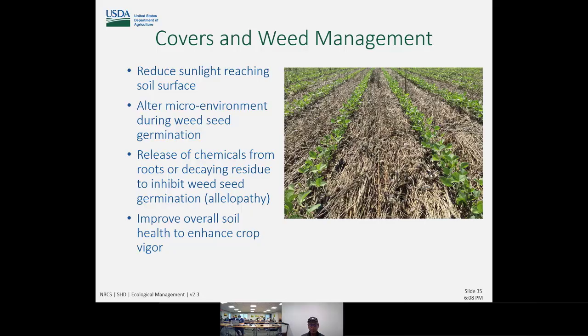About 50 to 70% of transplants died in all three species. So in this case, yield was also reduced. You need to think about both sides: putting in cover crops may affect the subsequent crop's growth.